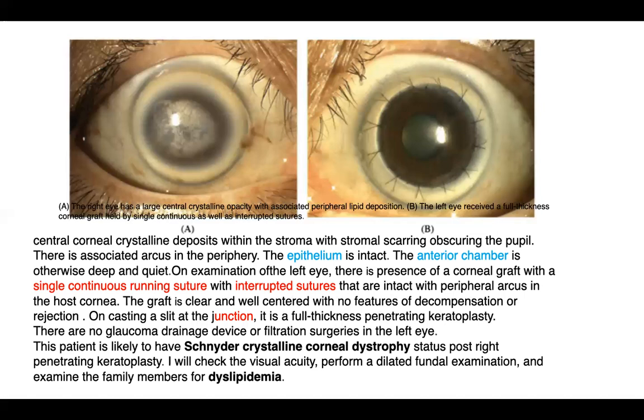No peripheral iridotomy, no sign of glaucoma. By looking at the other eye, most probably this is Schnyder crystalline corneal dystrophy. We will check for steroid glaucoma, and we should test the lipid profile.